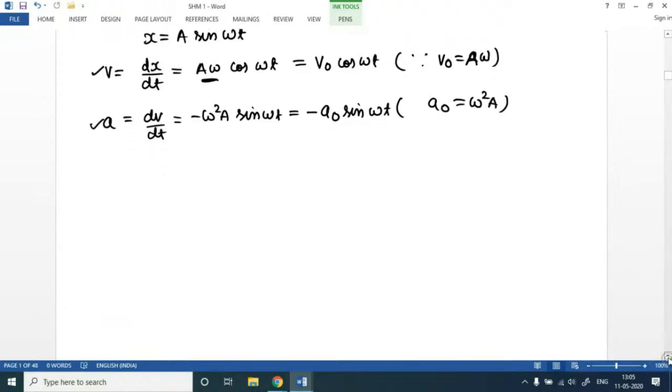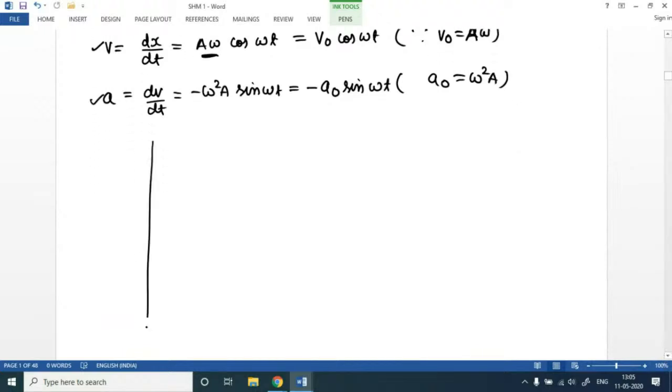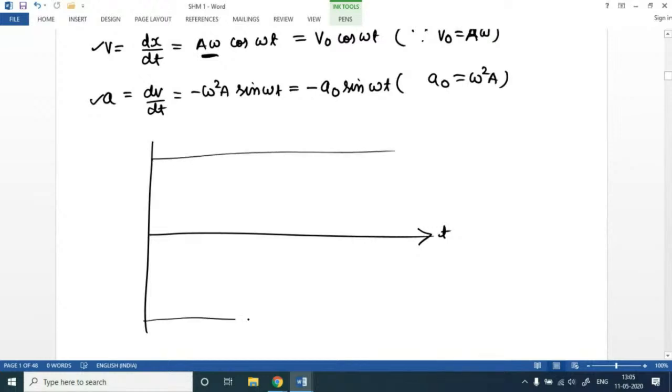So if we plot their graphs, time graphs over here, let's say this is the time axis, so you should realize the displacement will be varying between the extremes plus a and minus a. And since I have represented it as sine, it would be something like this.